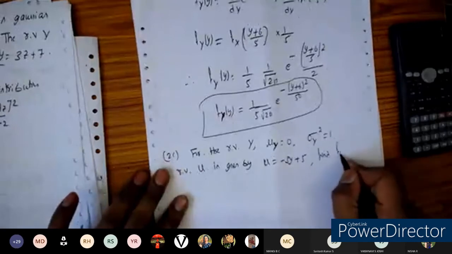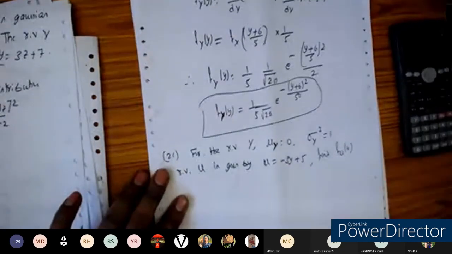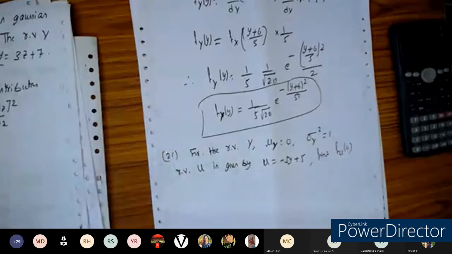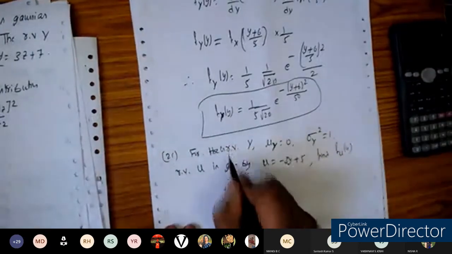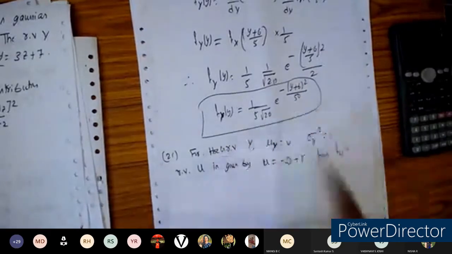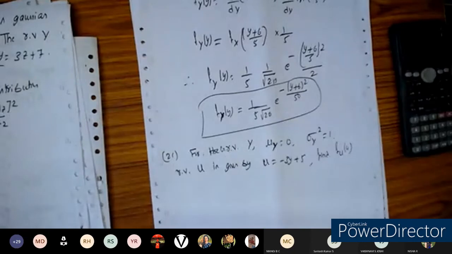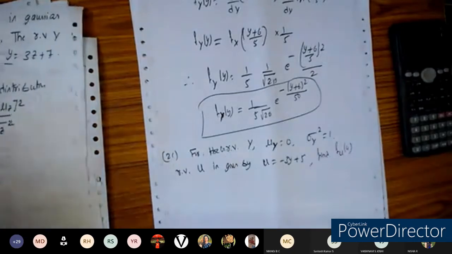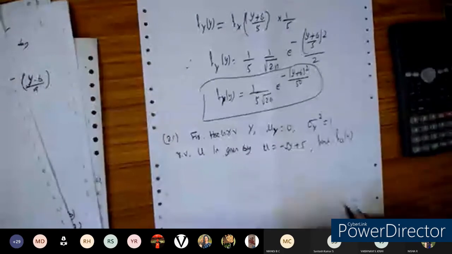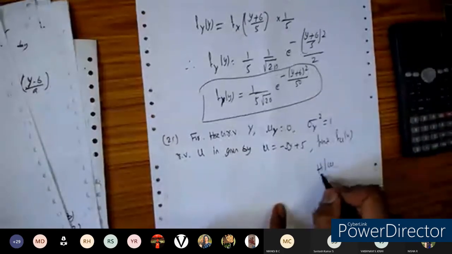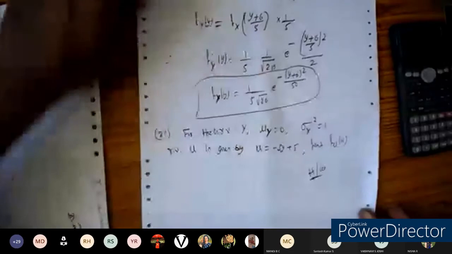Find the PDF of U. You can take Y as a Gaussian random variable, because only for a Gaussian random variable can we express it in terms of this concept. Do this problem as homework. It is similar to the previous concept.